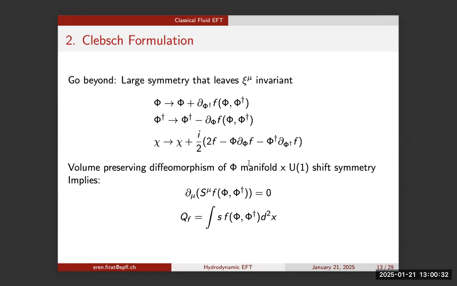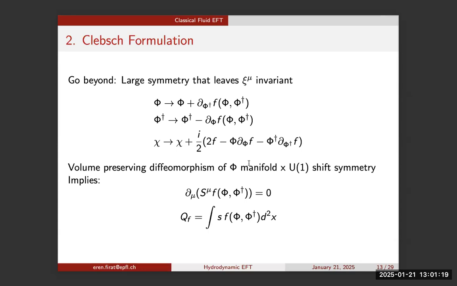And so these transformations are generated by a generic function of phi and phi dagger. If you take f to be just a constant, you're just generating a shift of this function chi, and it's just a U(1) symmetry, and the conserved current is the conservation of entropy. But then you have a whole set of transformations which depend on phi and phi dagger, and in this form, these are just volume preserving diffeomorphism transformations of this phi dagger manifold, which you should not confuse with the volume preserving diffeomorphisms I was talking about before, because there are different variables and the physical consequences are different.